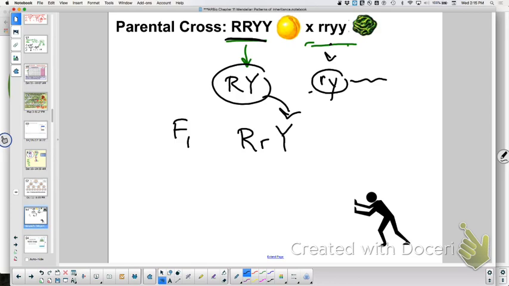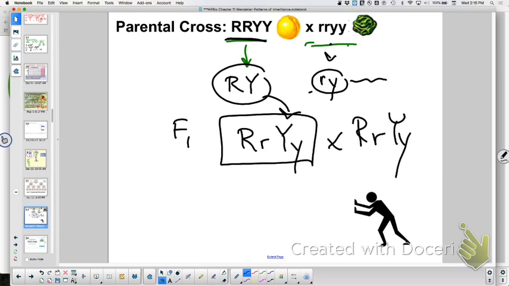Big Y. You with me on that? You've got to write in homologous pairs because they reunited during fertilization. Could you very quickly tell me what the possible gametes would be if I crossed two F1s with each other?